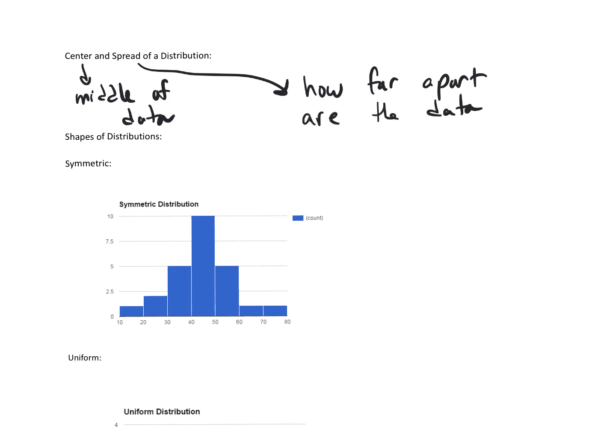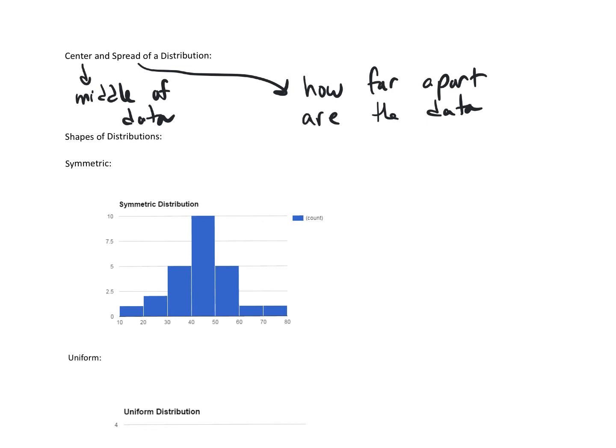So are all the data really close together? Or are they more dispersed? Are there some bigger, some smaller, kind of all over the place? Or are they all kind of congregated around one section? Okay? So that's something we'll look for quite often when we talk about center and spread.